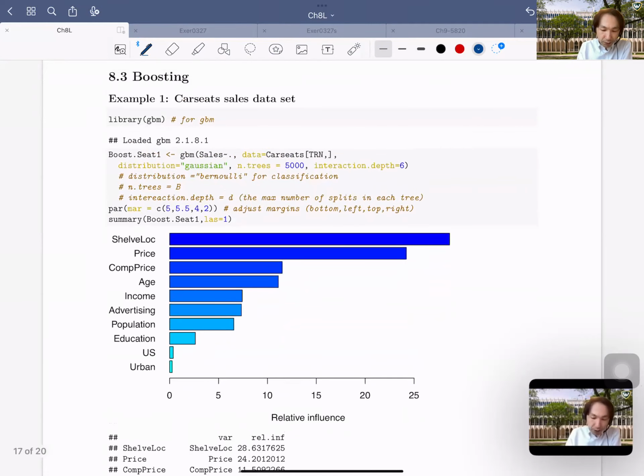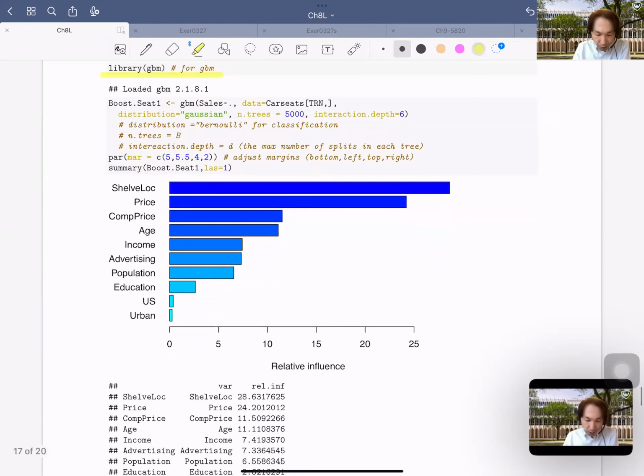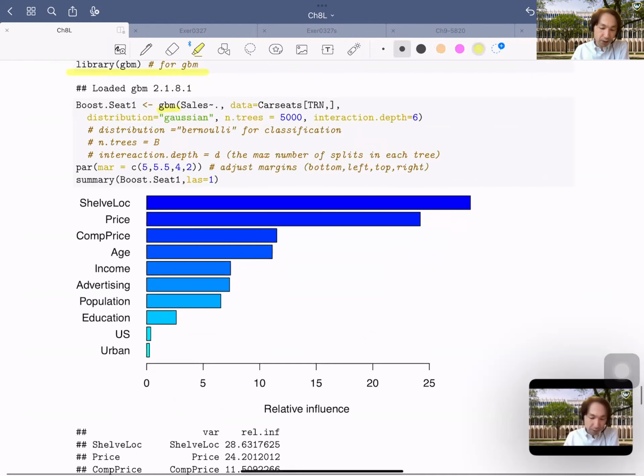For boosting, we use the gbm package and the gbm function, generalized boosted models. I'm not exactly sure what it stands for. The format is similar to lm or random forest: the response tilde predictors, and we use the same training set as before.